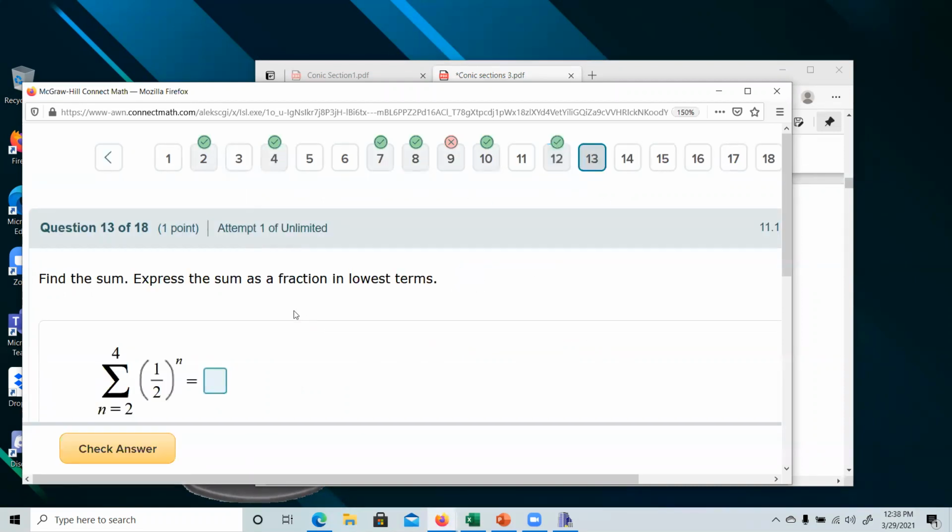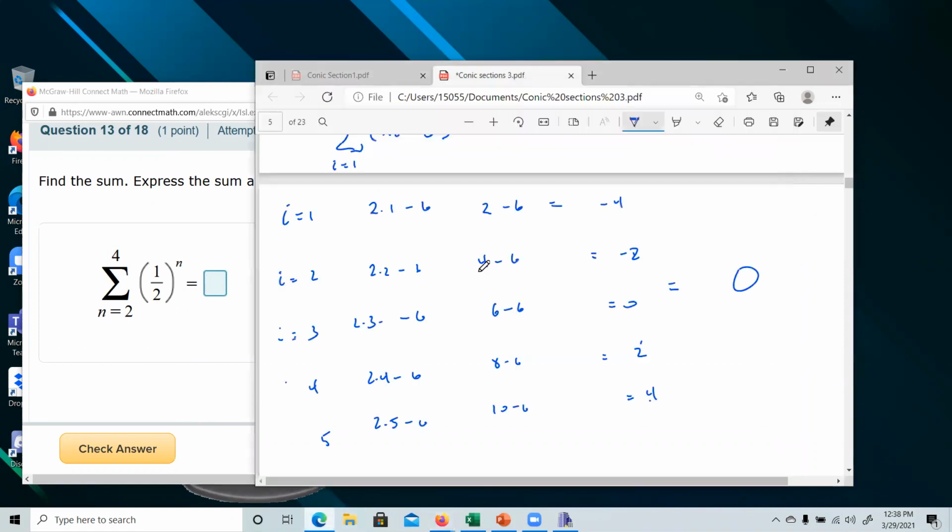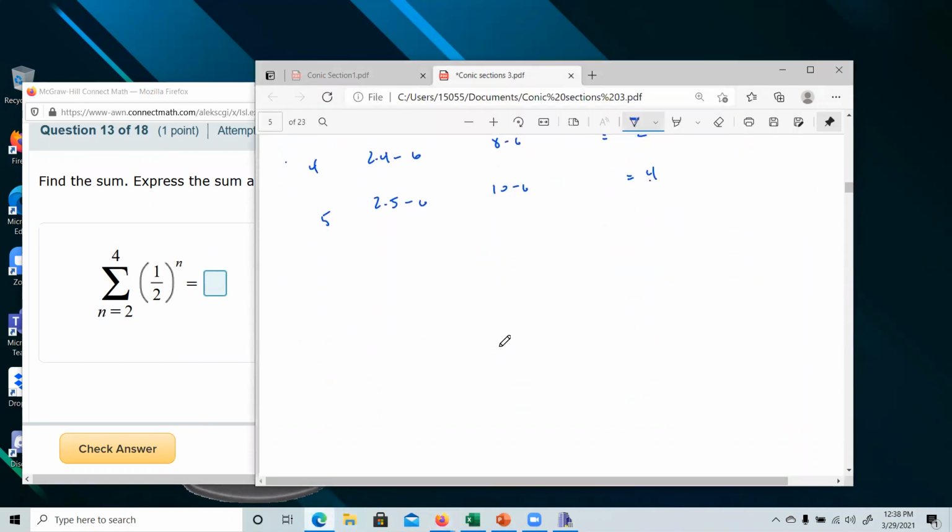All right. Now, this is a special kind of series, and we'll talk more about these tomorrow, what they call geometric series. Again, n is 2 to 4, so we just have 1/2 raised to the n. So we'll say n is equal to 2, 3, or 4. Okay, so that's 1/2 raised to the 2nd power.